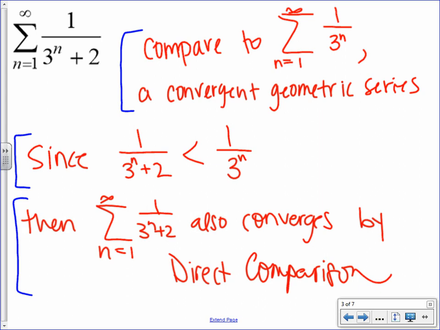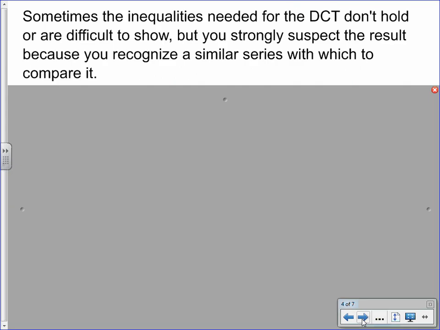Okay, so there are going to be times where our inequalities aren't going to work out the way that we want. Like we may try to compare something, but the inequality doesn't work out in our favor, or the inequality is a little too ambiguous.